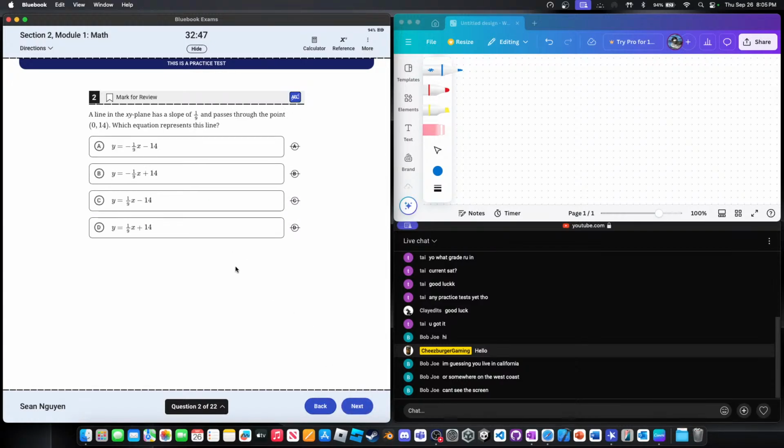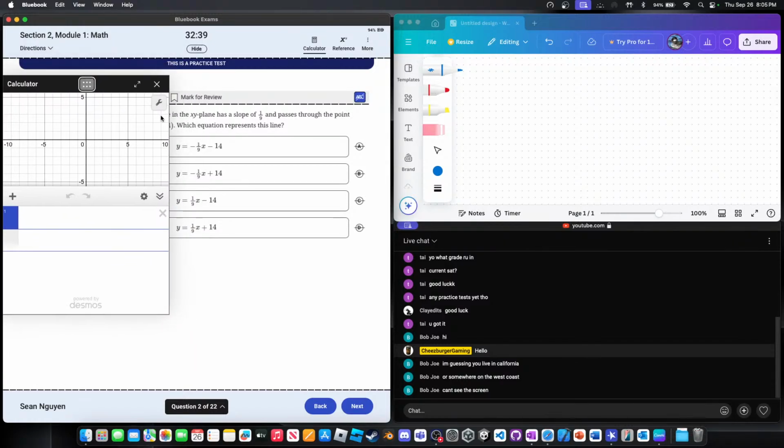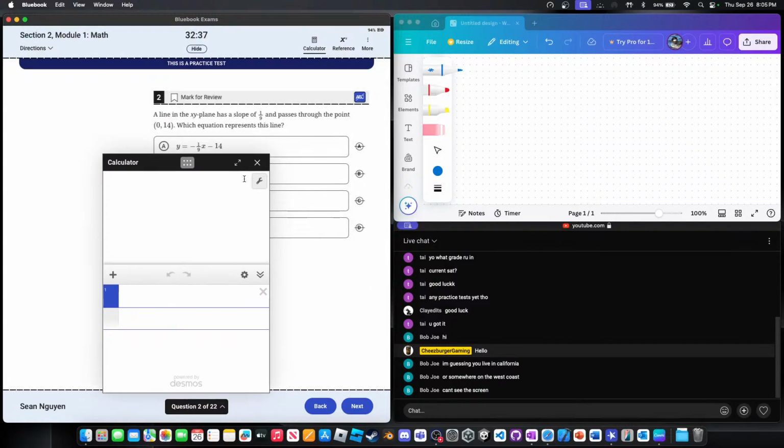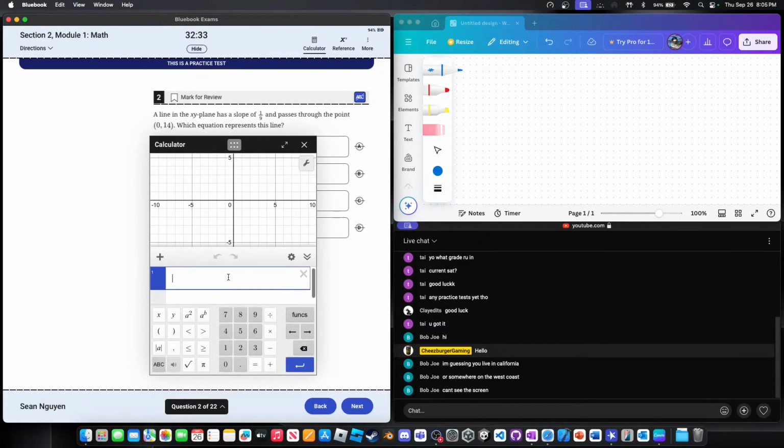And yeah, okay. A line in the XY plane has a slope of 1/9. So let's actually do the Desmos method, since we're actually supplied with this tool, luckily. A line in the XY plane has a slope of 1/9 and passes through the point 0, 14. Which equation represents this line?